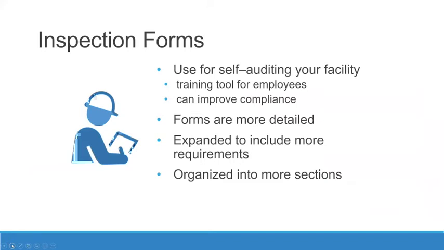These forms that we're creating now, based on some of the new rules, are a little more detailed. They've been expanded to include more requirements because of the new rules, and we've organized them differently. So they are a little bit longer, but I feel like they get to the crux of any violation more directly. Next slide.